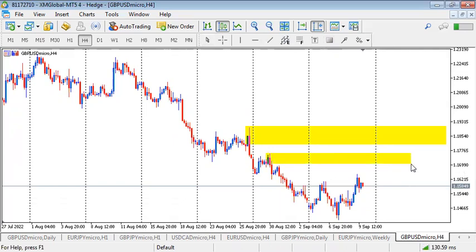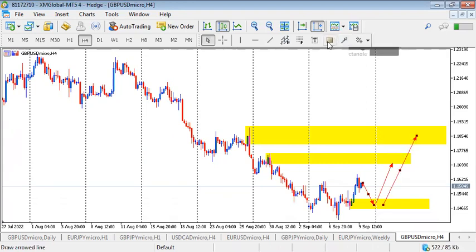So what I'm expecting is this. Price is going to pull back in, and then from there, it's going to push to the upside. If it breaks this region, then it will continue.